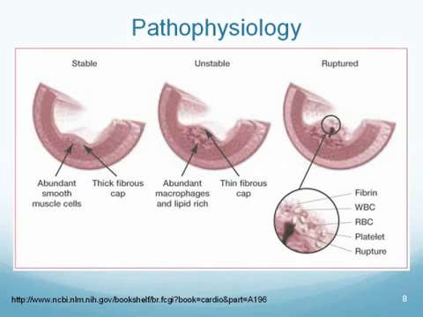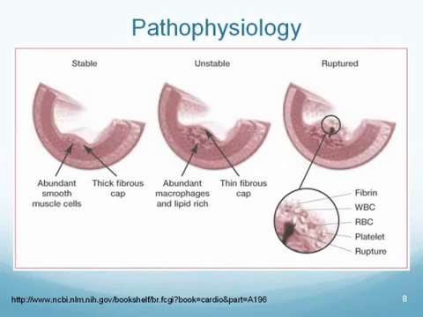The diagram in the middle of the slide shows where the fibrous cap that covers this atherosclerotic lesion is very thin, and there are a lot of macrophages, and there's a big lipid core. These kinds of plaques are called vulnerable plaques or unstable plaques, and it doesn't really take much to have this fibrous cap rupture.